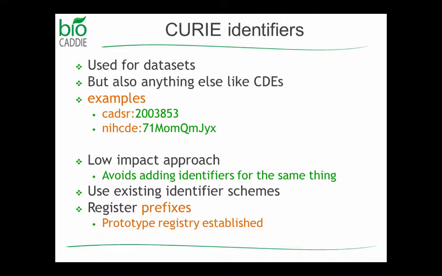And we have all the infrastructure in place, or prototypes in place, as Chris is indicating, to do this. It's a low-impact approach. Essentially, all we're doing is sticking the prefixes on the front of the identifiers that those systems are using already. We just need to get organized about the prefixes and the registries and start using these things.